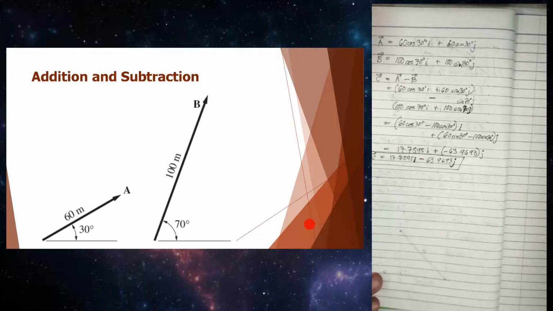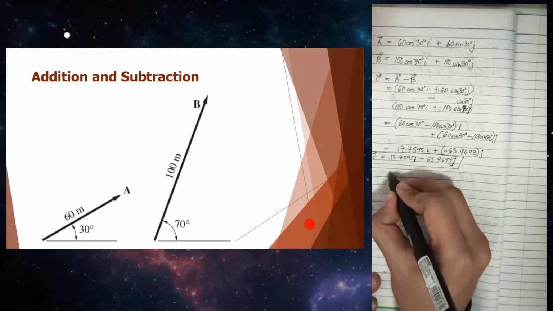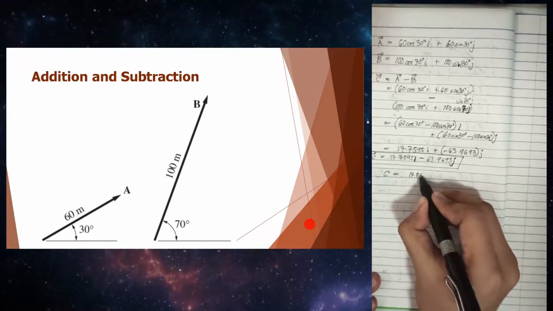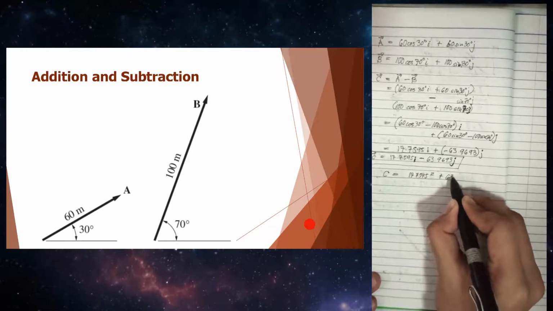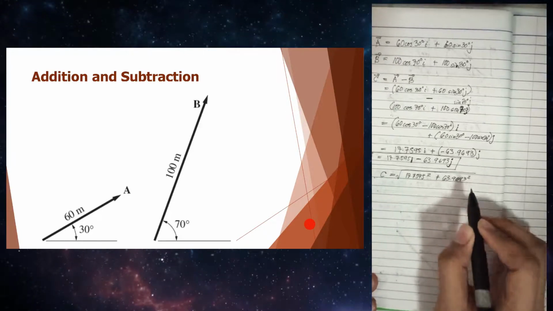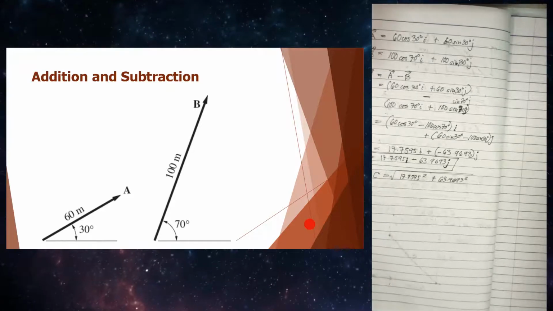Okay, what is the magnitude of C? To find out the magnitude of C is simply the square root of 17.7595 squared plus 63.9693 squared.